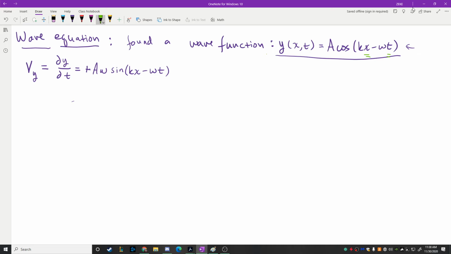Okay, we could also find, let's use the same color, the y component of the acceleration here. And to do that, we would take the second partial of y with respect to t, which means we take the derivative of this equation. And now we take the derivative of sine, and we just get cosine.